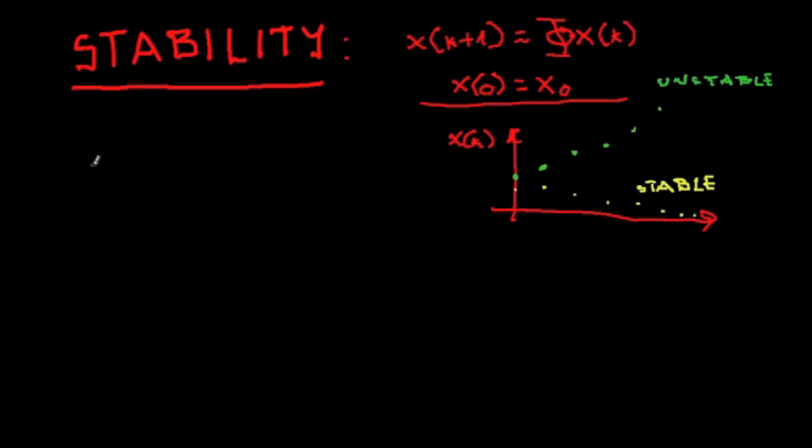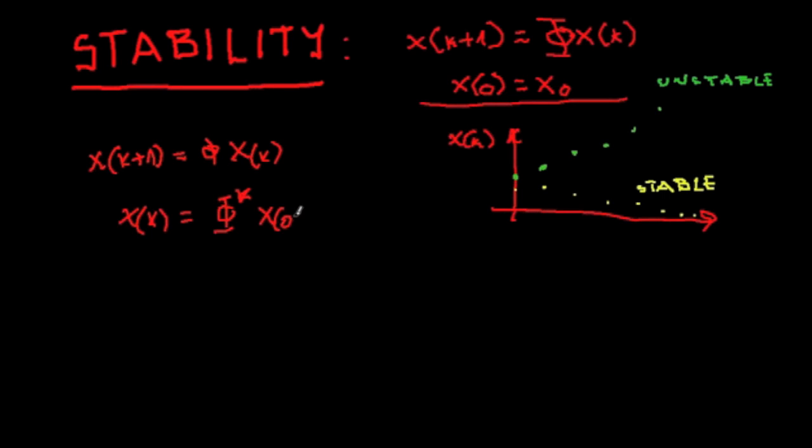So the easiest way to determine that is by direct evaluation or calculation of the evolution of the states. If we have x(k+1) equals phi x(k), we can easily obtain that x(k) is nothing but phi to the power k times x0.